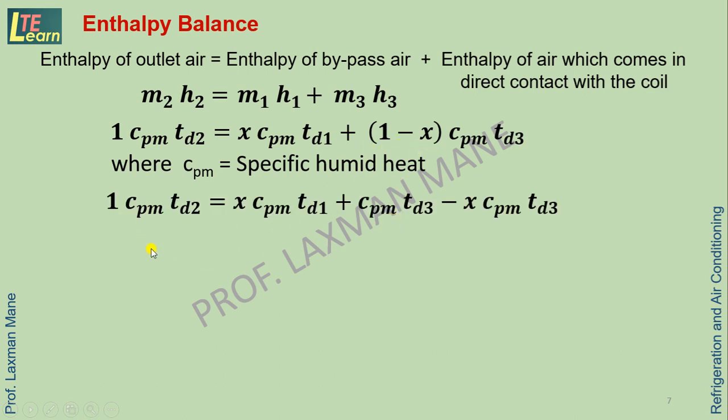Simplifying this equation, 1 into CPM into TD2 is equal to x CPM TD1 plus CPM TD3 minus x CPM TD3.